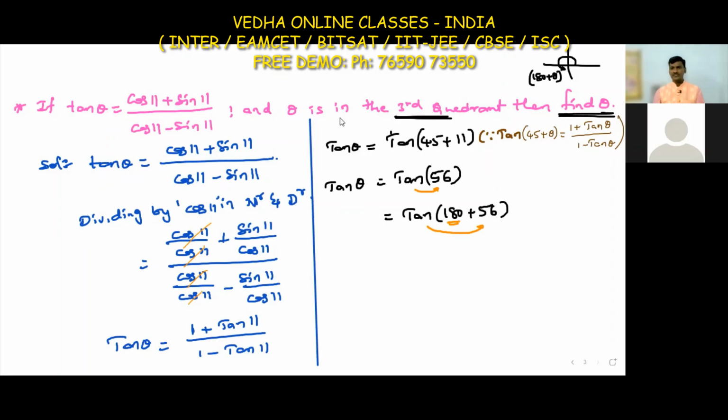That is nothing but the answer is tan of 180 plus 56, which is 236. So tan theta is equals to tan 236. Therefore, the value of theta is 236 degrees.